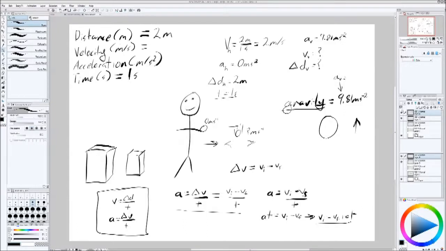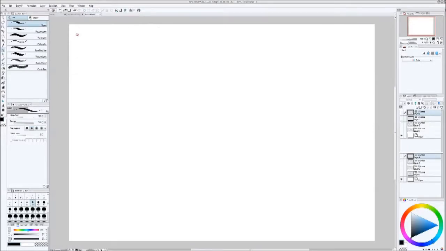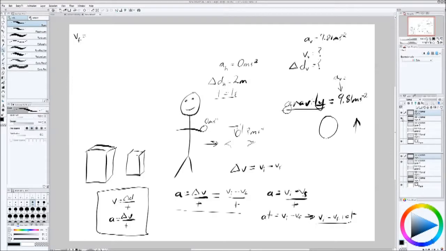So let's, we will just write that last equation up. So we had Vf equals, well, did we? Wait a minute. Did we do that right?